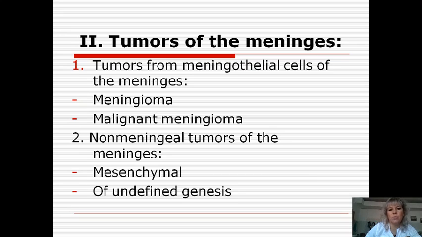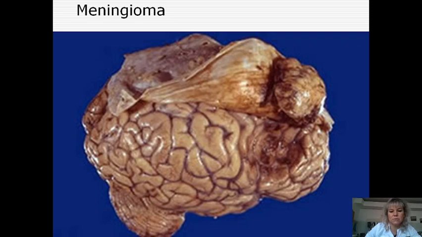The next group of nerve system tumors, tumors of the meninges, from meningoepithelial cells on meninges, non-meningeal tumors from the meninges, many tumors. In this photo, you can see hemangioma.